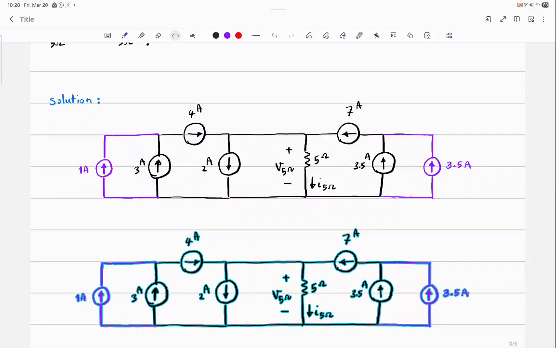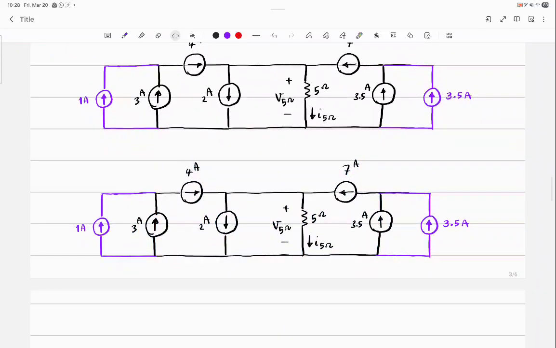Next. What do you suggest we do? Get rid of the two 3.5 and just get the 7. Okay, why did you add them? Because they're in parallel. And they are in the same direction, okay?